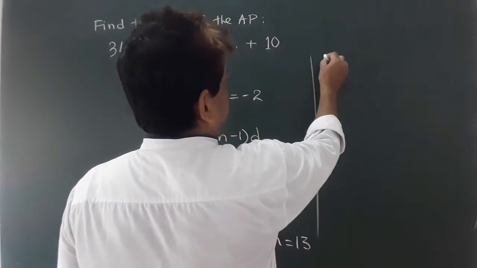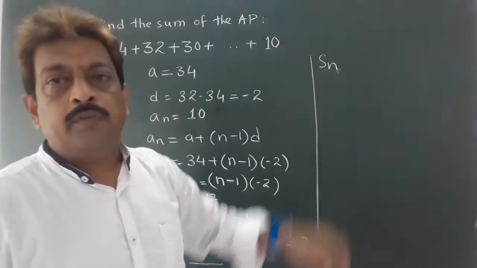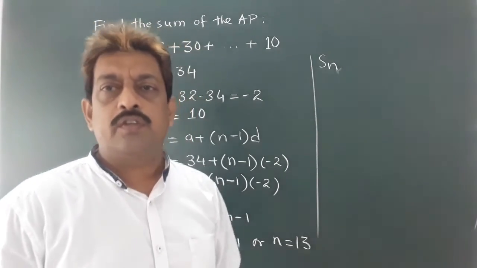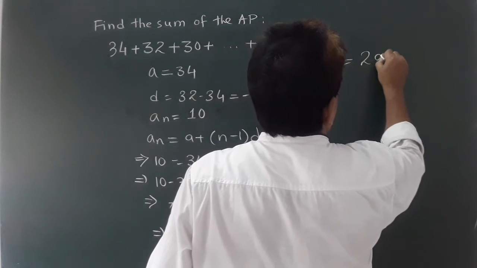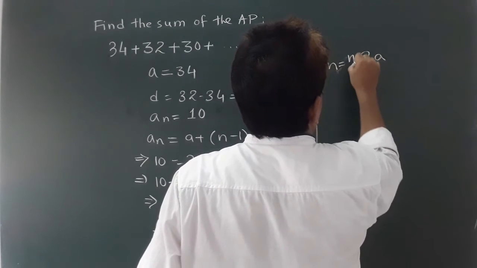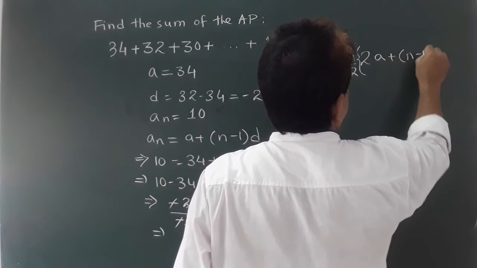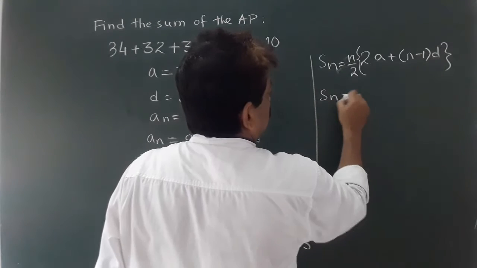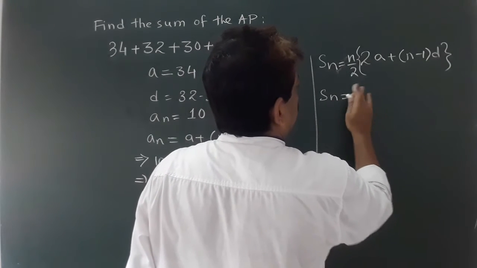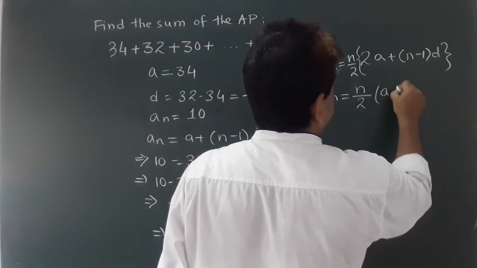Now we can find the sum. We can find the sum in two ways. Either we can use the formula Sn equals n by 2, 2a plus (n minus 1)d, or we can use the second formula also, n by 2, a plus l.